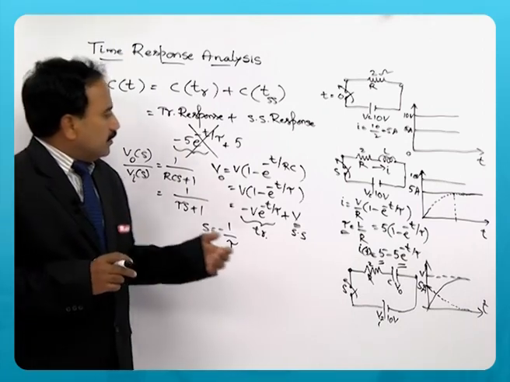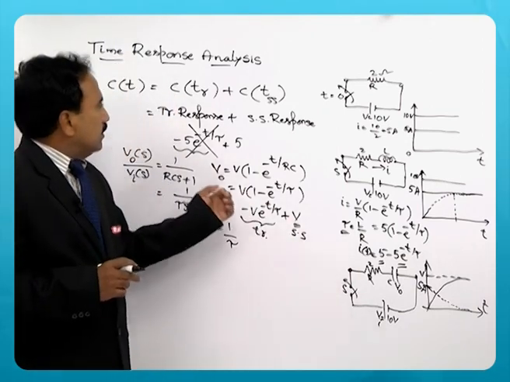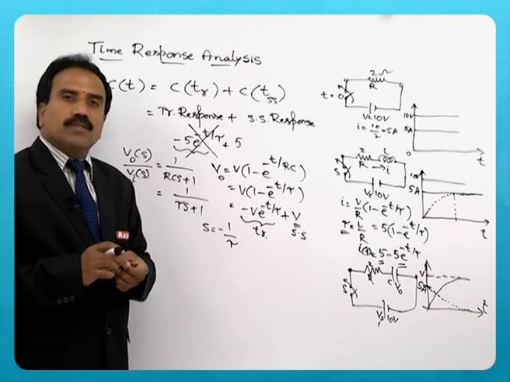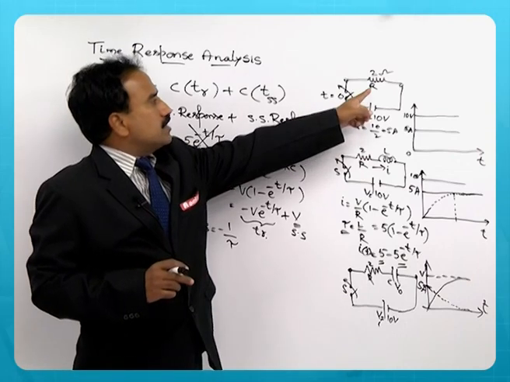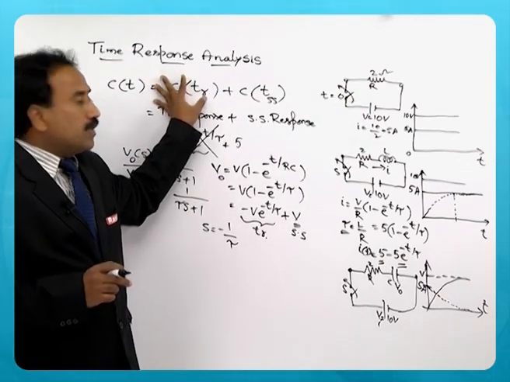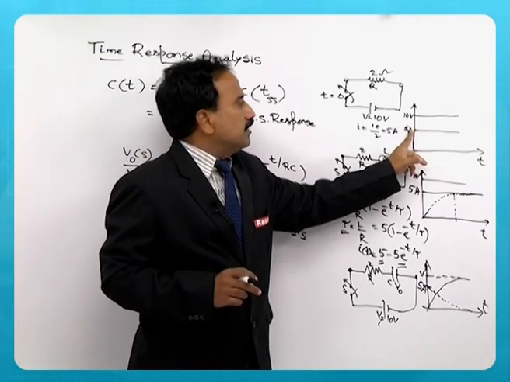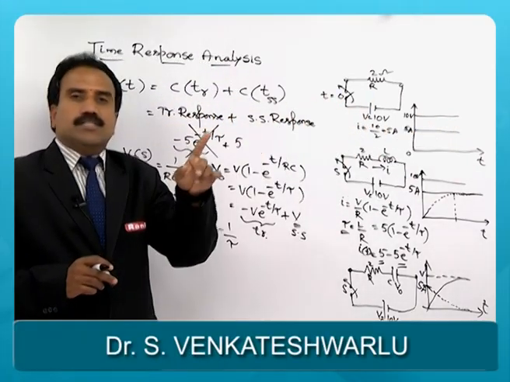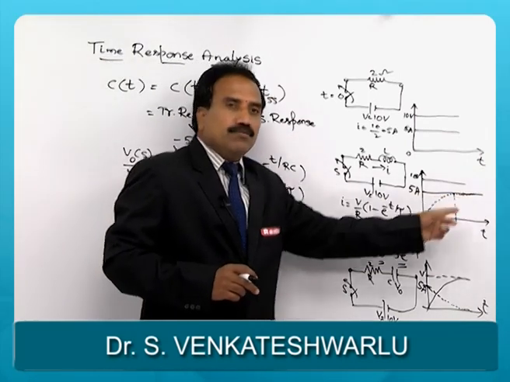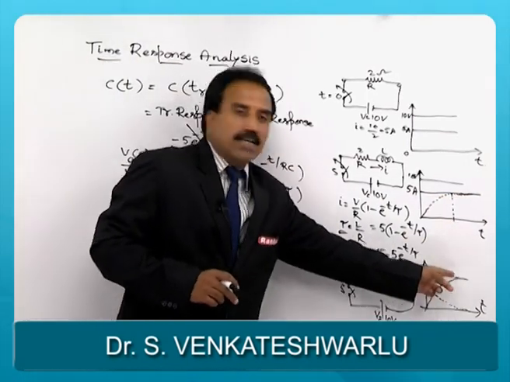This response also has a transient part and a steady state part. If you take only a resistor alone, there is no transient response because instantaneously the current reaches steady state. If you add an inductor, there is a delay. If you add a capacitor, there is a delay.